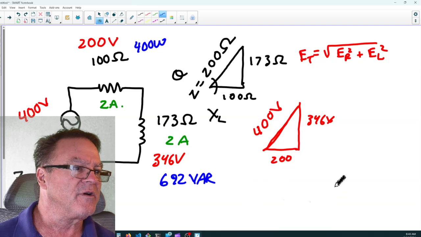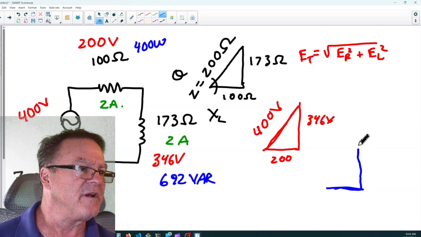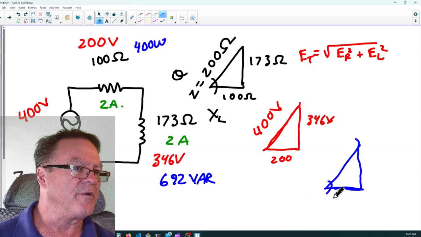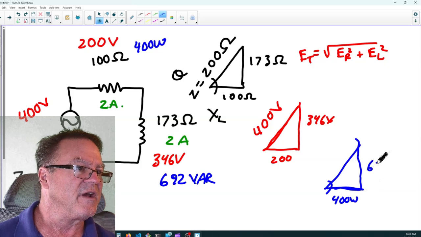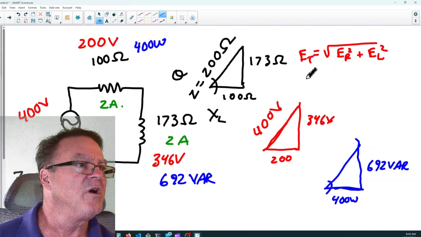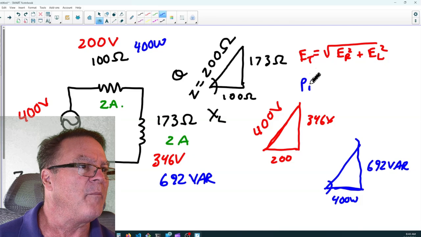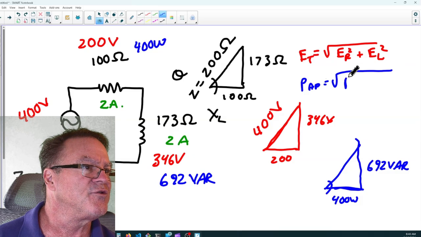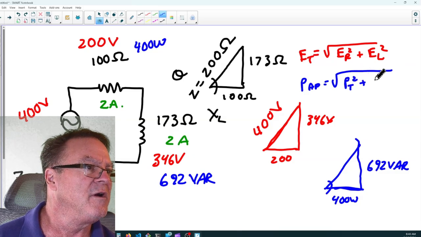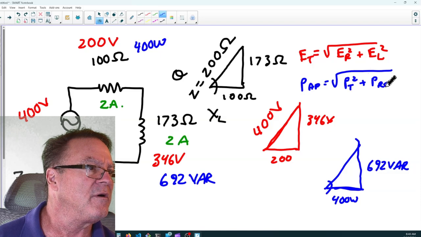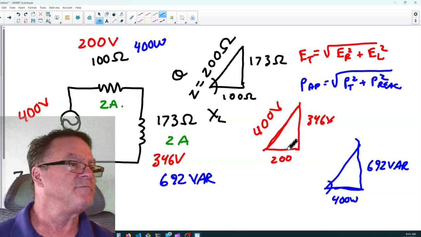And I'm going to draw another triangle over here. I know my board always gets very crowded. I have 400 watts, and I have 692 volt amps reactive. And guess what? We're going to say that apparent power equals the square root of the true power squared plus the reactive power squared.